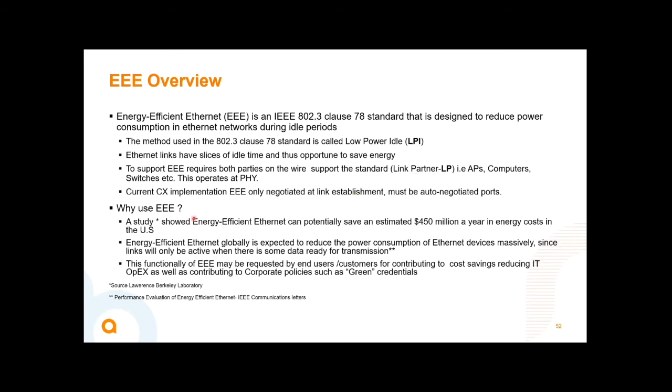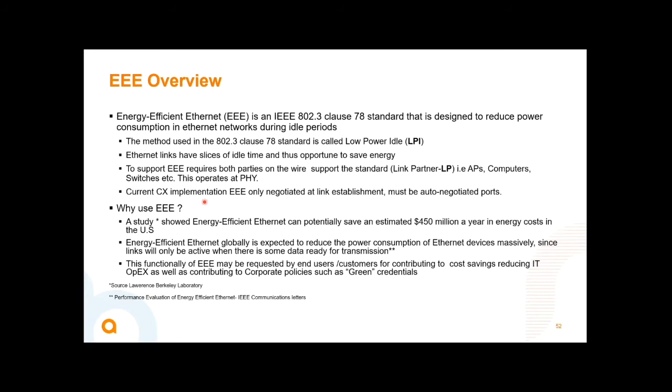Very important thing to know about our implementation at VE, but I mention it because it's our implementation. Other vendors will be similar. Okay, so you can only have EEE enabled and working on auto negotiation, so on link establishment. So it must be auto negotiated.